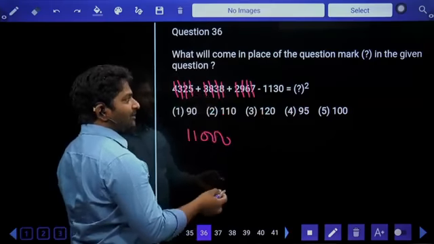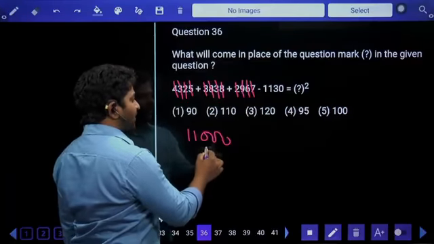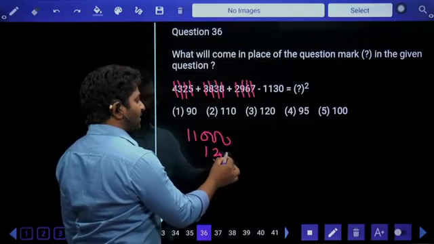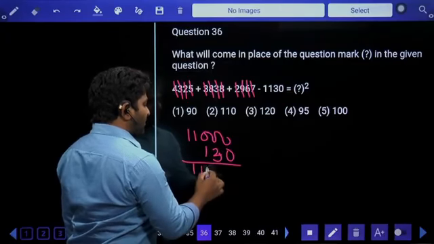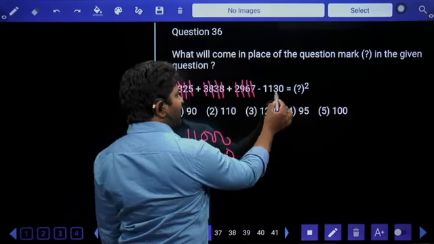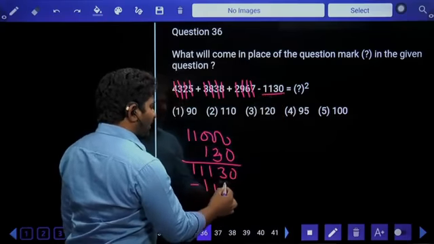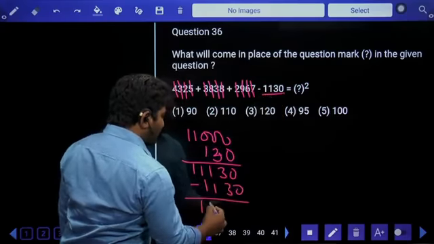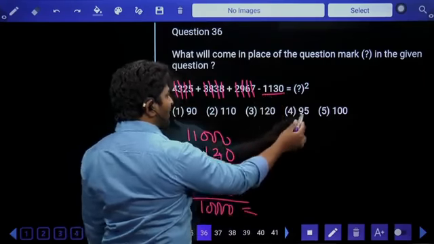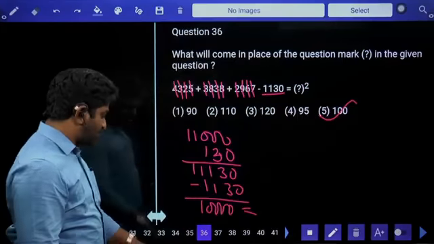So earlier we got 110 plus 20, that is equal to 130. So total it is 11,130. From this if you subtract 1,130, we will have 10,000. 10,000 is equal to 100 square. Fifth option is our answer.